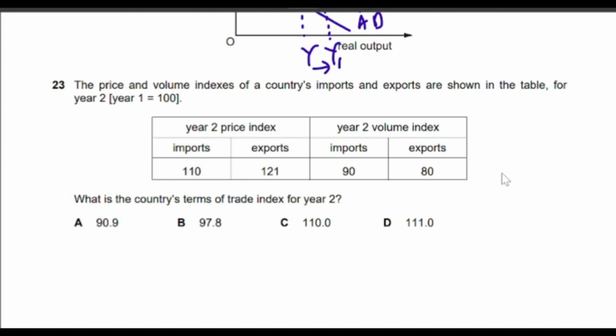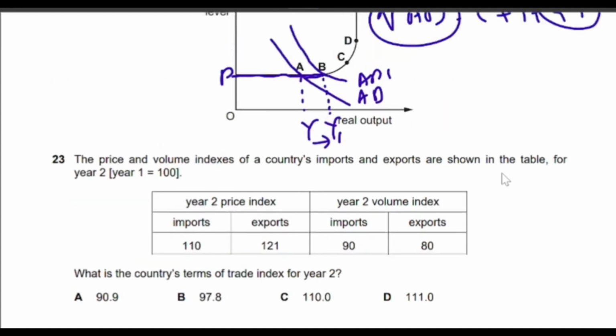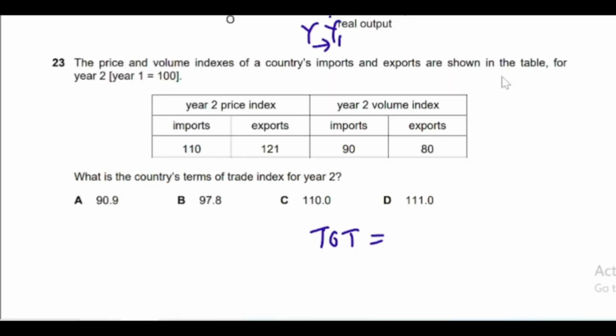Moving to question number 23, the price and volume indices of a country's imports and exports are shown in the table for year 2. And what is the country's terms of trade? Terms of trade, we have a formula to find out terms of trade. Terms of trade is equal to price index of exports over price index of imports multiplied by 100.